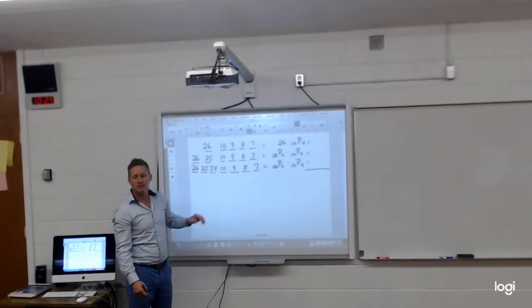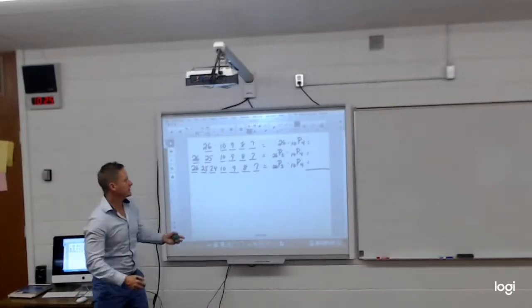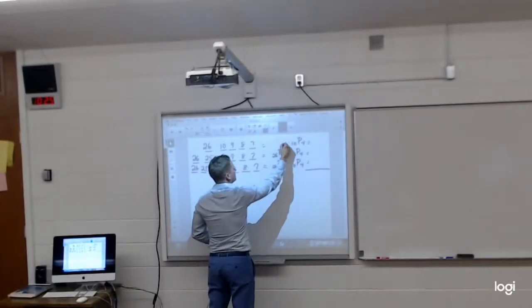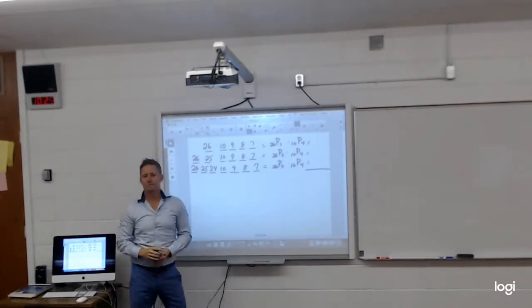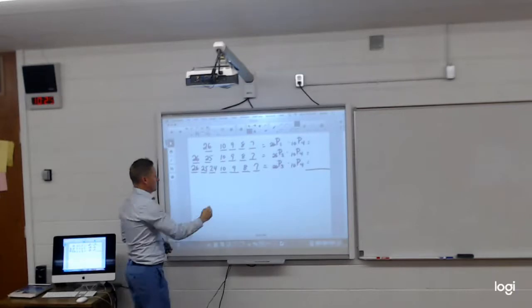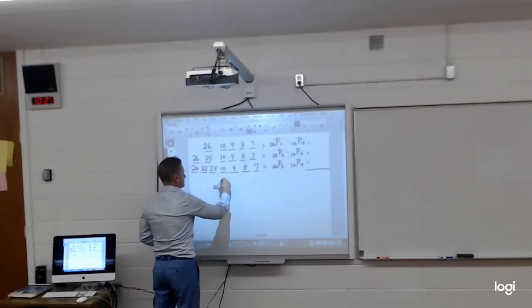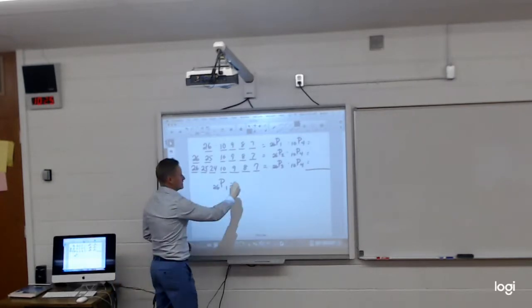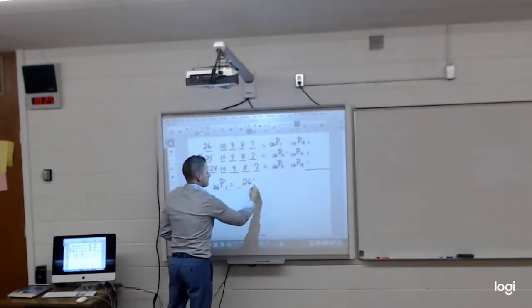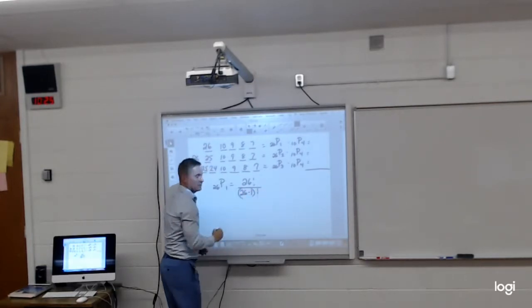So if you needed 1, I could go 26P1. Does it make a difference? No. This is a great question too, because that's 26 factorial over 26 subtract 1 factorial.